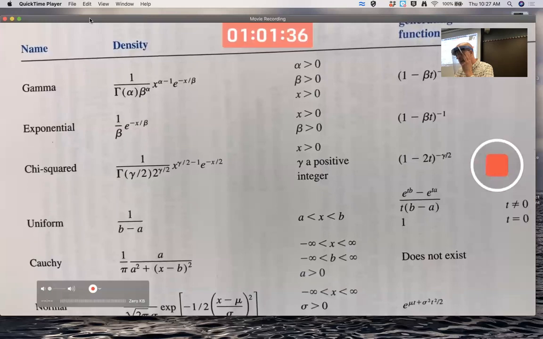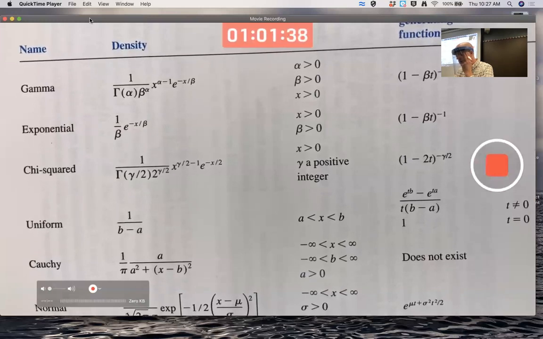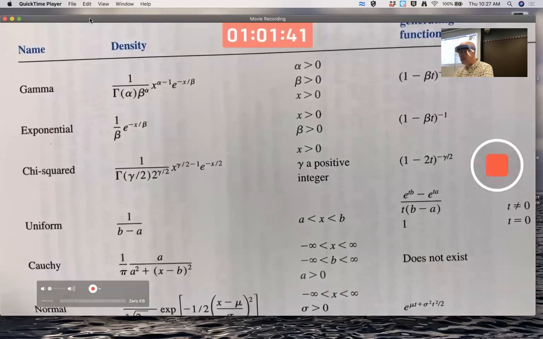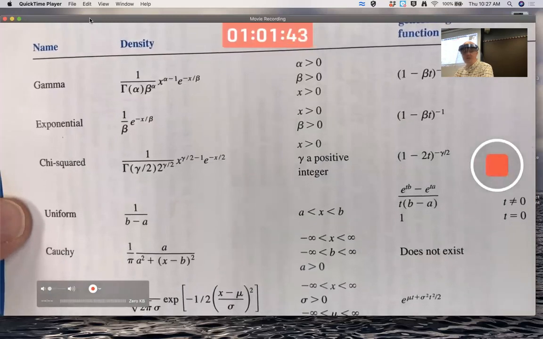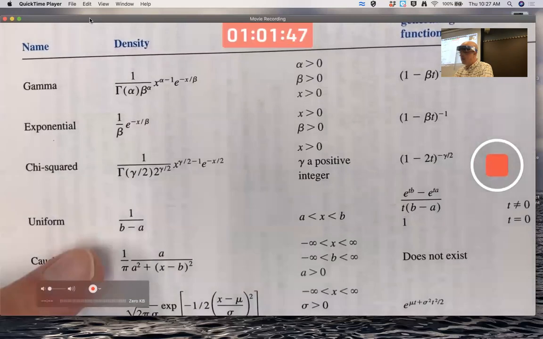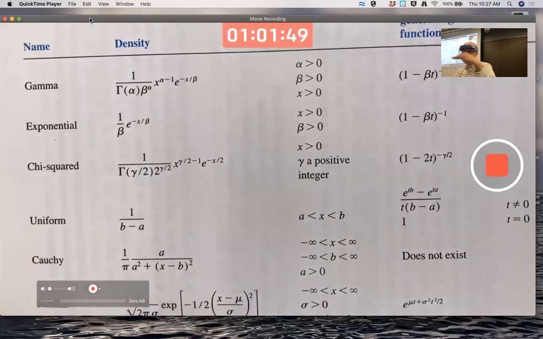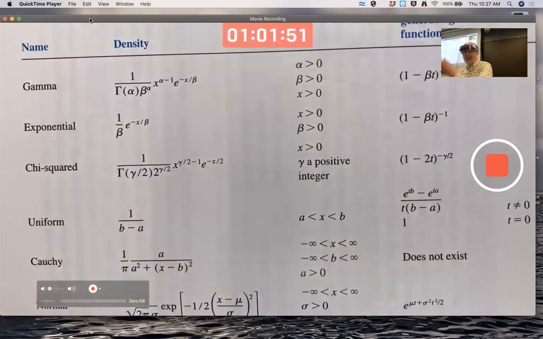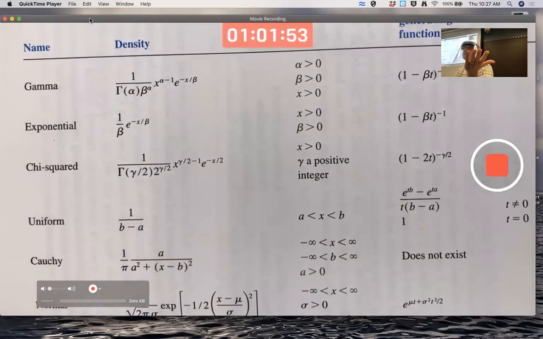We'll do the same in this class whenever they seem relevant, and also do the uniform one. This formula is saying over the interval from a to b, the output of the function is 1 over b minus a, so that the area of the rectangle under the graph is 1.